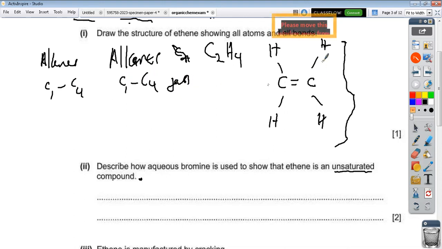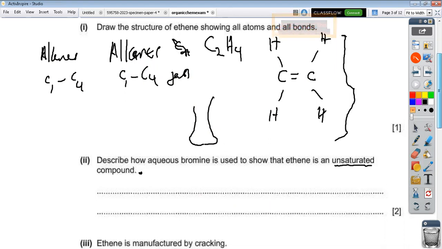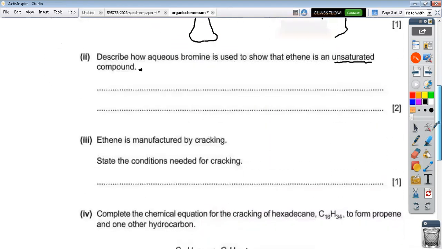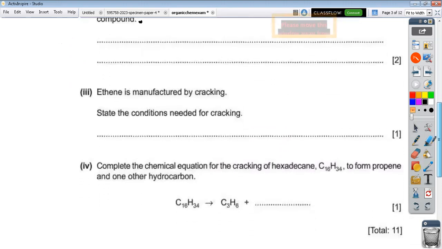So you bubble this gas through bromine water. When you bubble that in bromine water, it decolorises bromine water. Clear? No need for explanation because the question simply says describe how you do that. Clear?